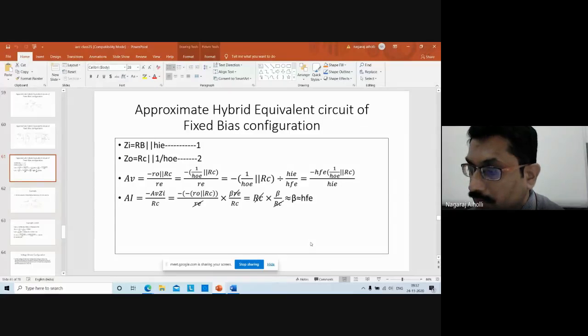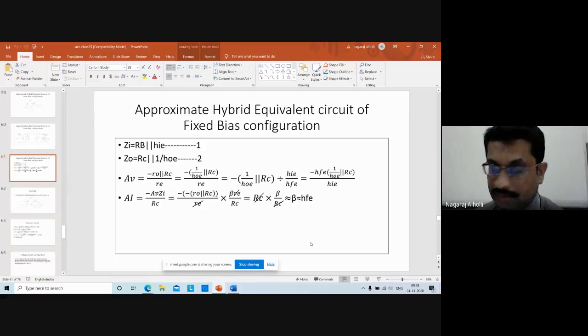That is approximately equal to RC, because 1 upon HOE is large, you will get 50 kilo ohms. Am I right? Yes, sir. Therefore, Z0 will be 50 kilo ohm parallel 2.7 kilo ohm, which comes out to 2.56 kilo ohm, approximately equal to RC. Now we found Zi input impedance and Z0 output impedance. All of you are getting the answers here?